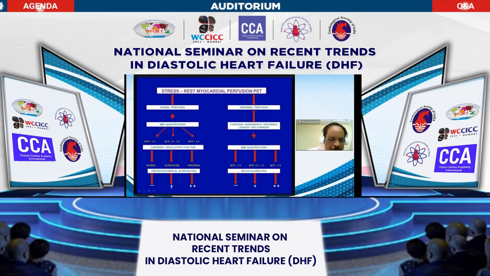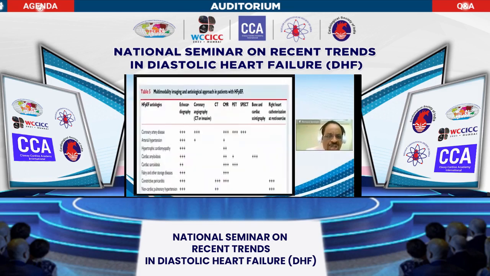So preventive medical intervention is required here. But if there is abnormal perfusion, do a coronary angiography, and then it is called HFrEF, reduced ejection fraction. So MBF quantitation also will help in case of balanced ischemia and other things. But in HFpEF, these things are required, that is myocardial flow reserve.